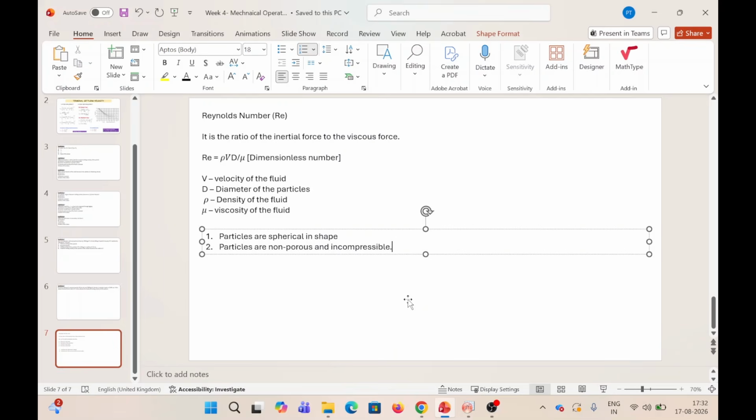Then third assumption is the density of the fluid in which we are suspending them, and the viscosity, are constant. Then the particle is freely settling under gravity.